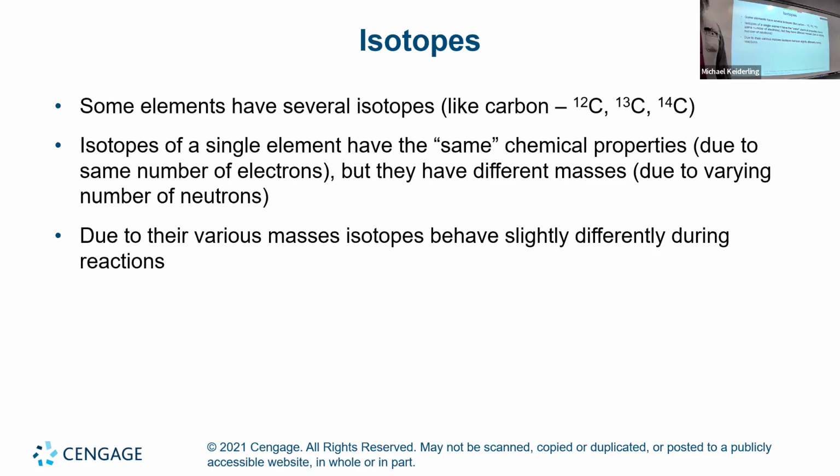But they have different masses due to varying number of neutrons. And due to the various masses, isotopes can behave slightly differently during reactions. And they can be identified by various techniques like NMR and such, or you can isolate them. You can actually use unstable isotopes for dating.